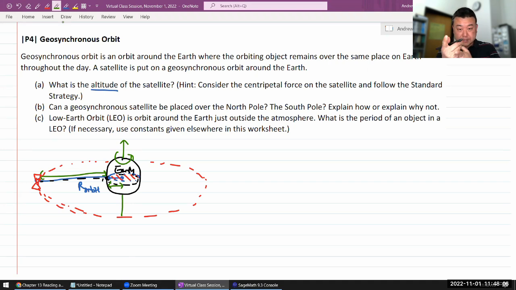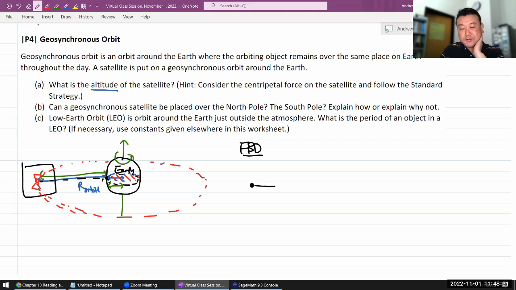So the hint says consider the centripetal force on the satellite and follow the standard strategy. Let me take this snapshot and draw a free body diagram. So I have the satellite there. There's always gravity. I'm not going to draw it downward, because gravity points towards the center of the Earth, which in that snapshot is to the right.